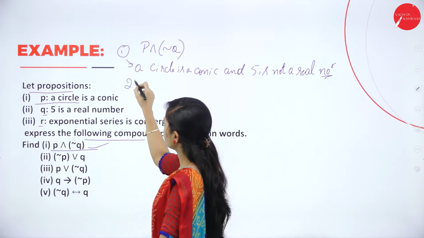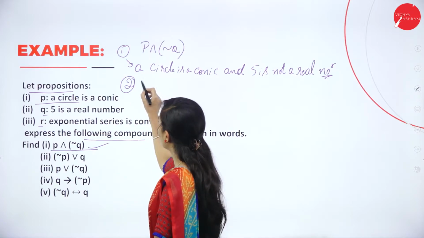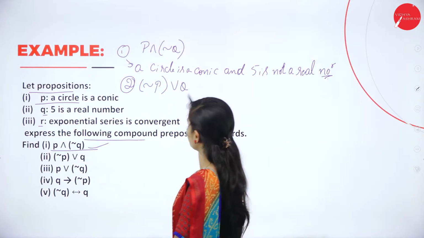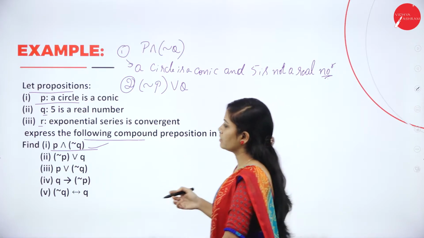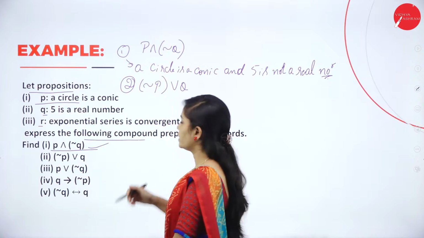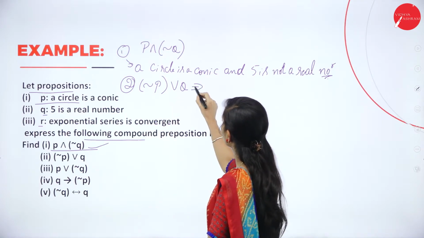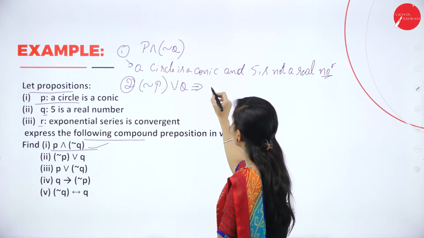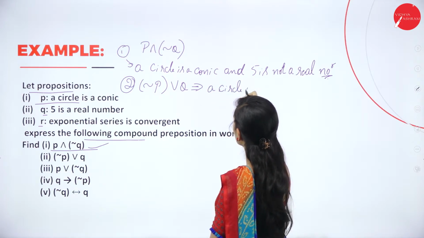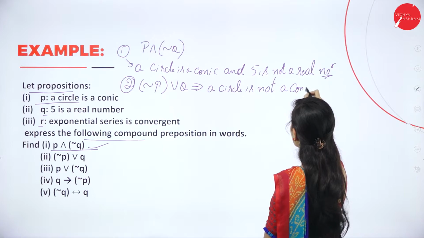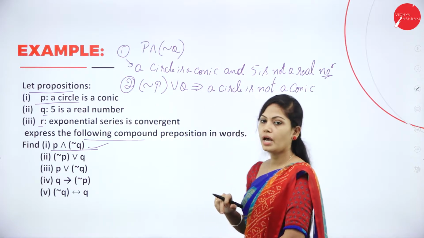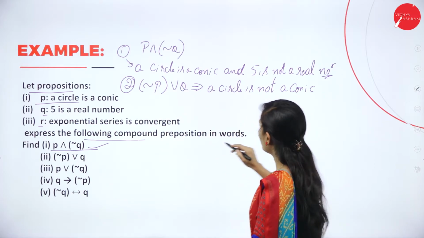And the second question, negation P or Q. P means a circle is a conic, and what is negation P? Negation P means a circle is not a conic, the negation of P. And we have the OR operator.